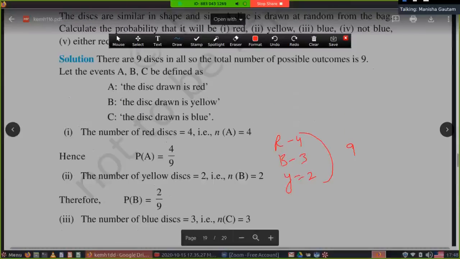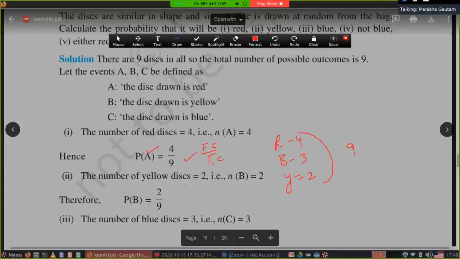Now to calculate the probability of red discs, as we know, the probability of an event A is favorable cases upon total cases. It means the probability will be 4 upon 9.